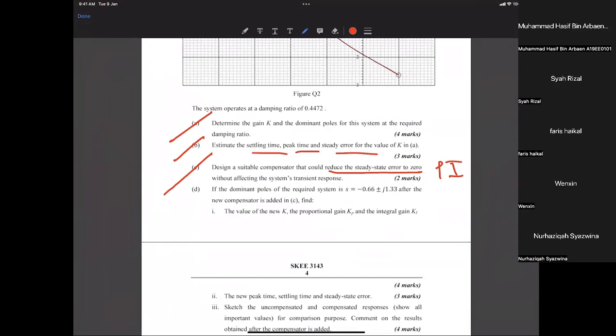So if the dominant pole is given like this after you apply the PI controller, find the new value of the proportional gain Kp and Ki. How are you going to do that?